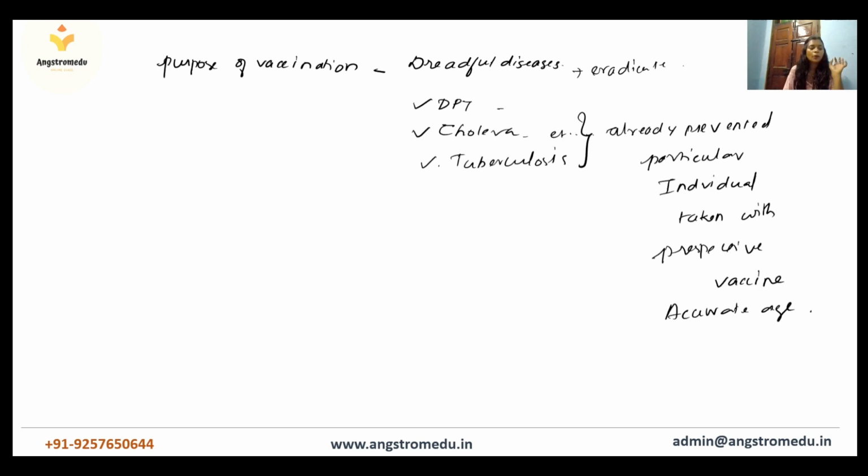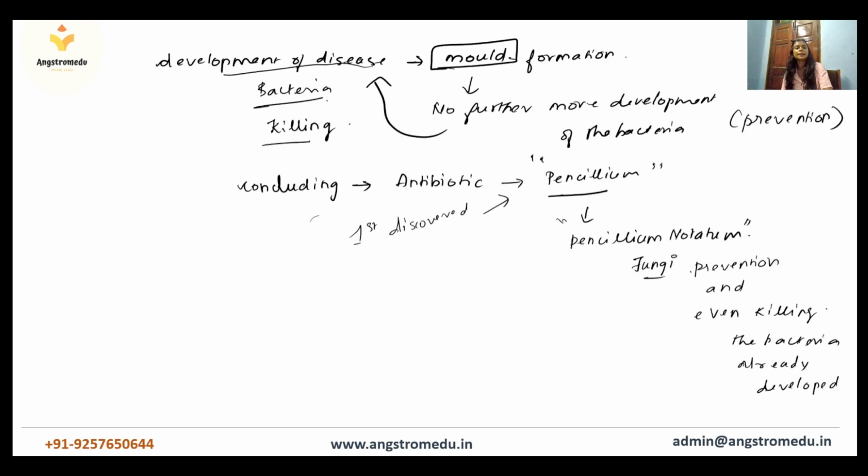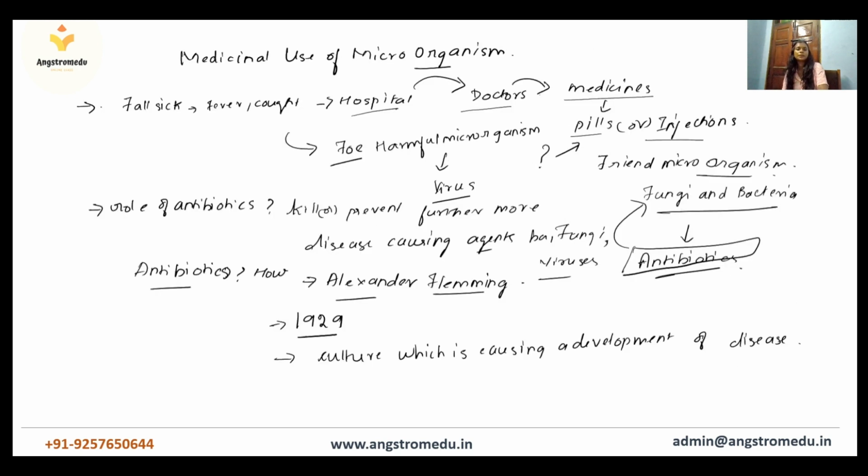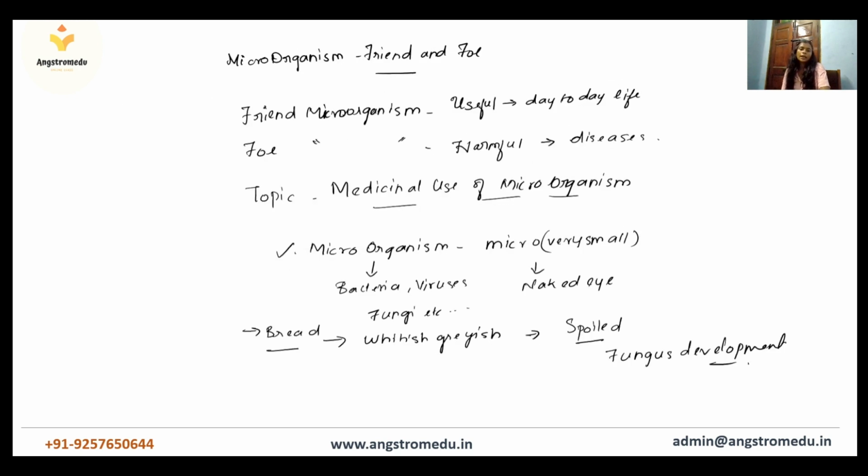So let's see the overview of this lesson. We have seen what is antibiotics. At first we saw what is a microorganism, then the friendly microorganisms and the harmful microorganisms.